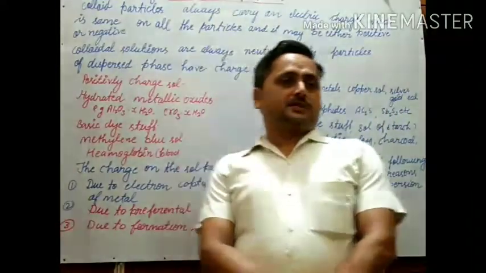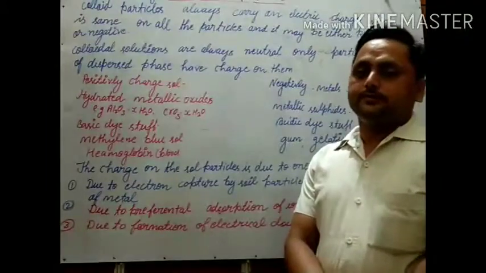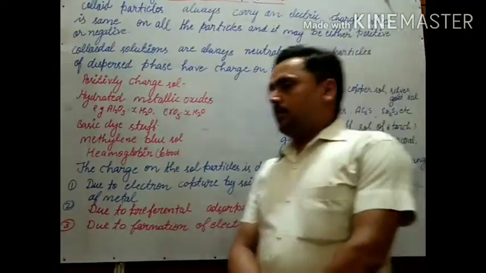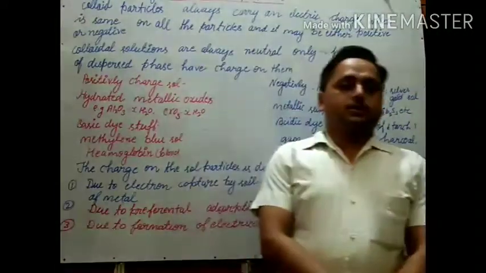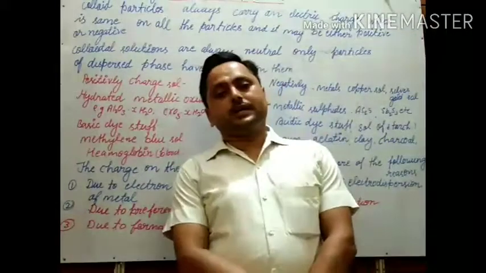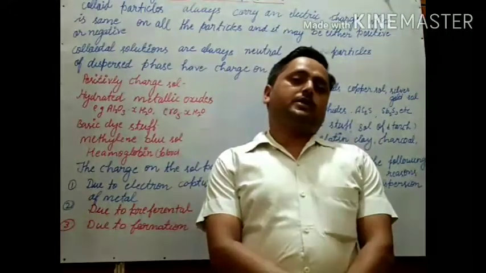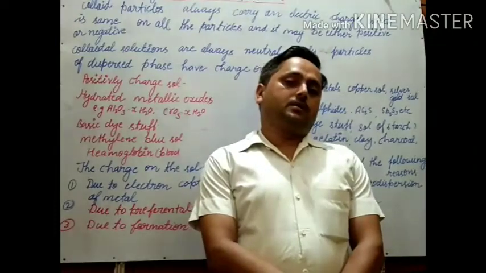So by taking some examples, we can see the colloidal particles. Colloidal salts can be divided into two categories, that is positively charged colloid and negatively charged colloid.